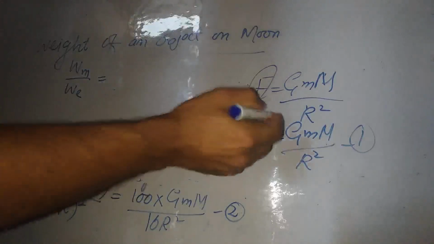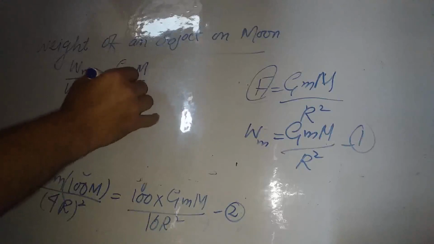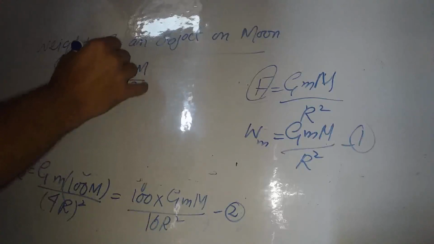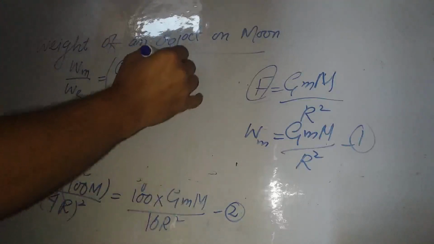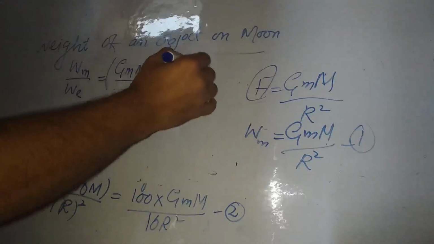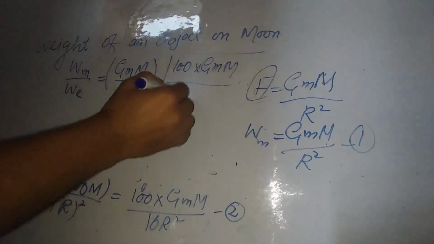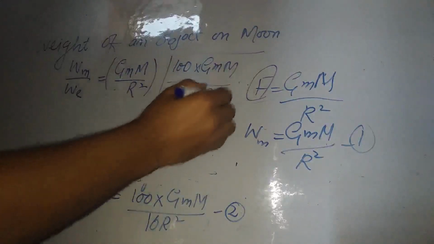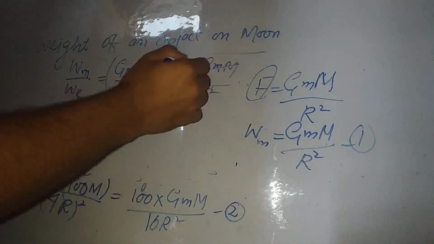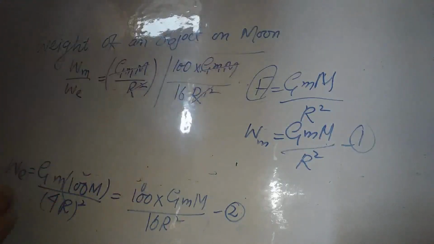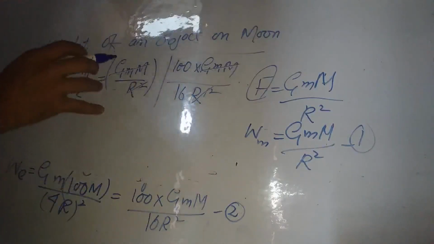For example, if I divide G M m divided by r square with 100 multiplied by G M m divided by 16 r square, so this r square and r square will cancel, the GMm and GMm will get cancelled, and यहाँ पे 1 बचा, ठीक है ना.